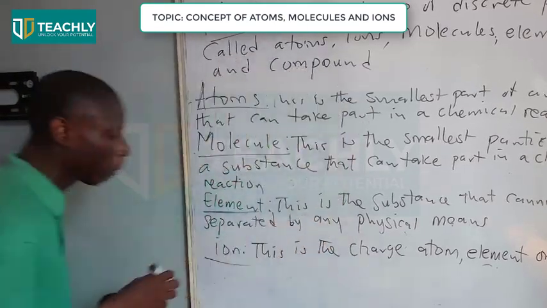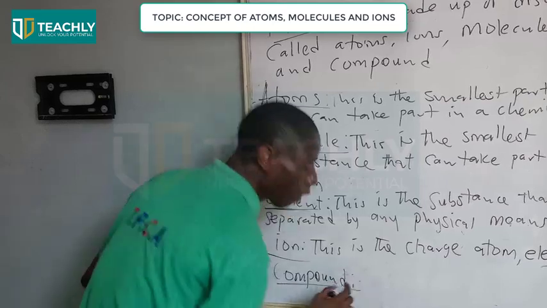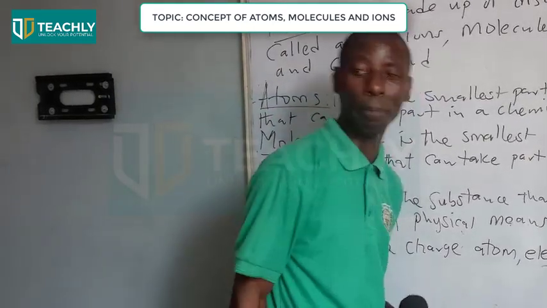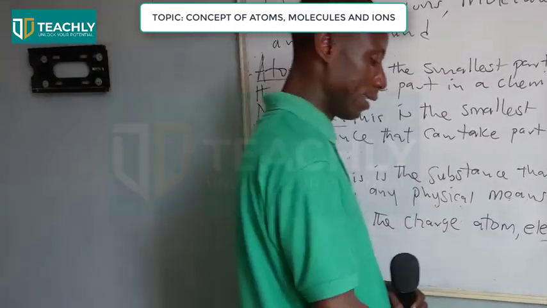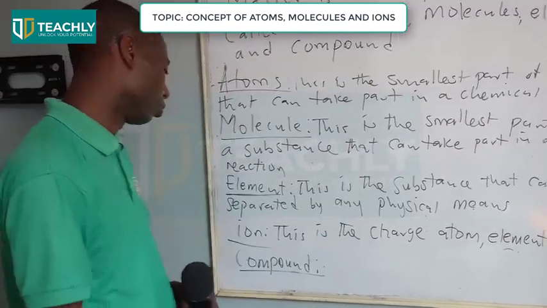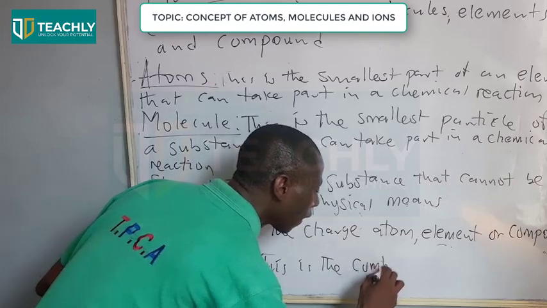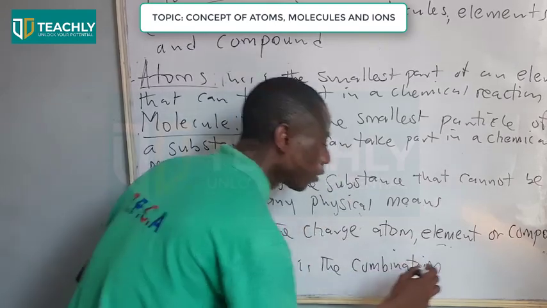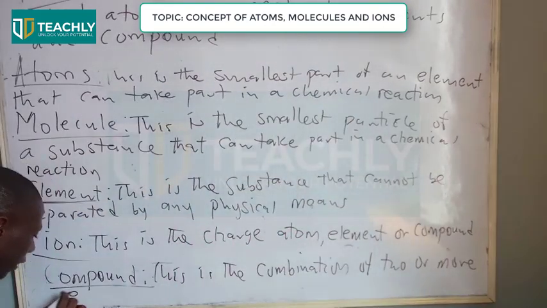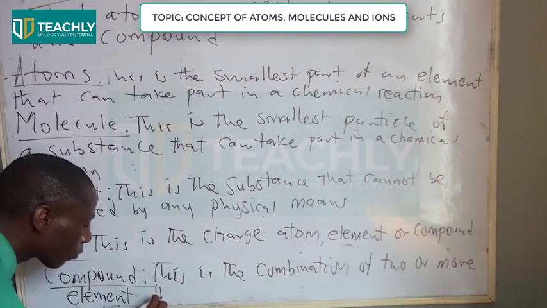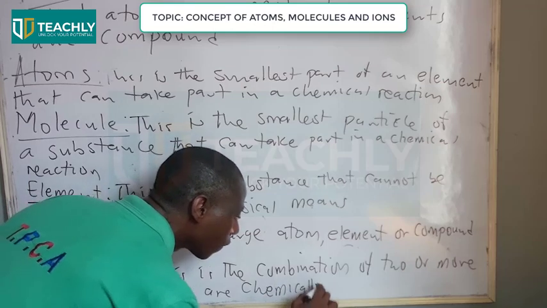Let's look at another one that we have in here. So we have what we call a compound. When we are talking about a compound, what is a compound? It is a combination of two or more elements that are chemically combined.